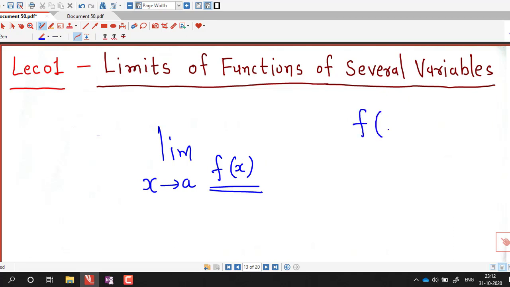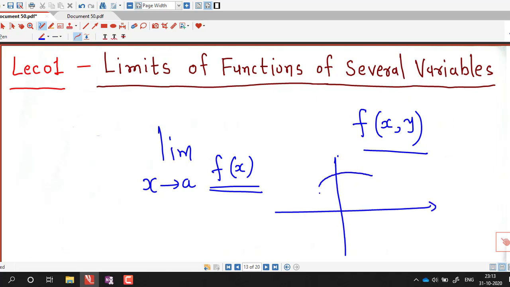Suppose we consider a function of two variables x and y. Then the domain of this function will be some region in the xy plane. Suppose this is the domain D of this function f(x, y).